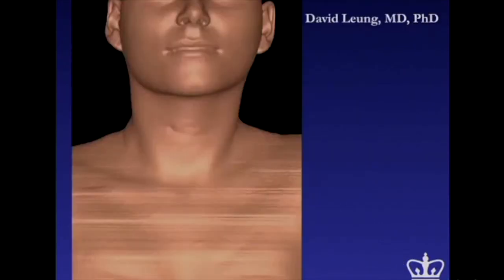David Lung has pioneered the use of a hybrid imaging modality at this institution, where he combines single photon imaging with standard CT scans. And this is a reconstruction of one of his subjects. You can see here that this subject looks like a human. But this is actually a CT rendering of the surface of this particular patient.